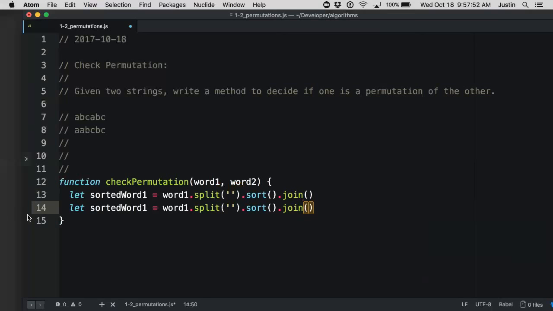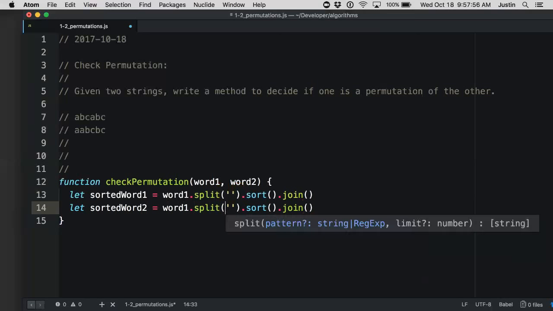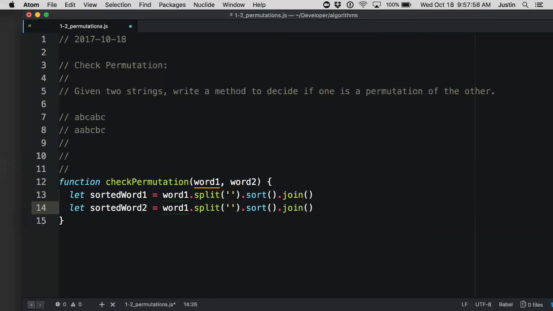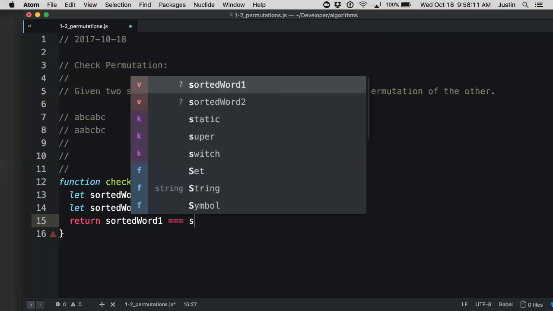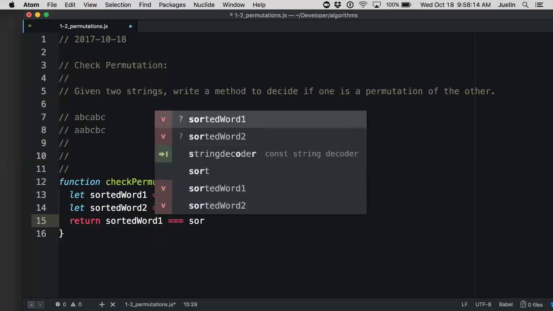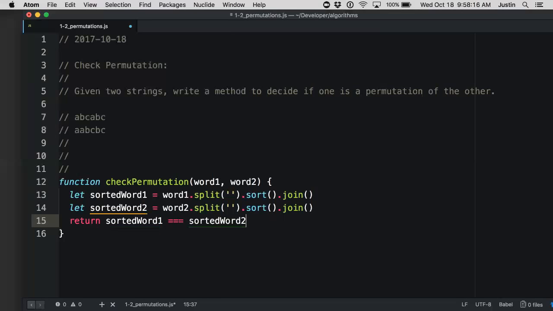We can do the same thing for the second word. And then we can return if sorted word 1 is equal to sorted word 2. Does that look right?